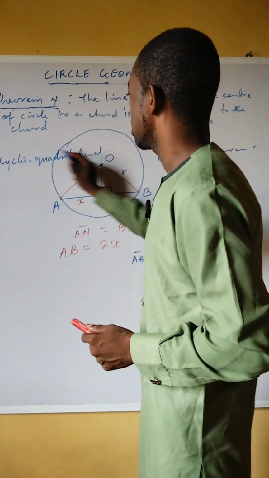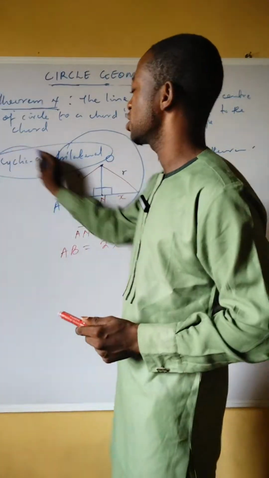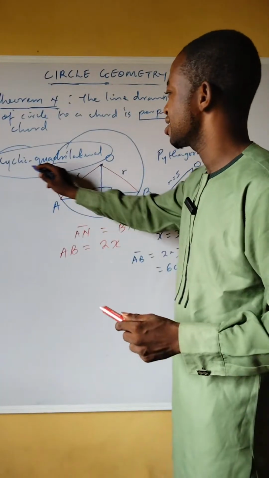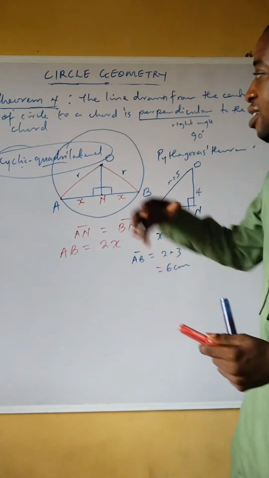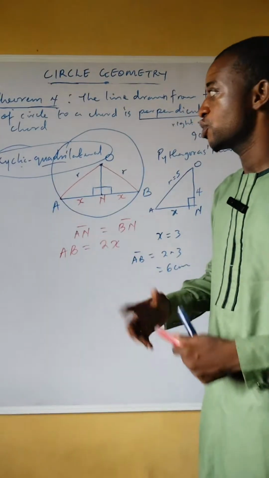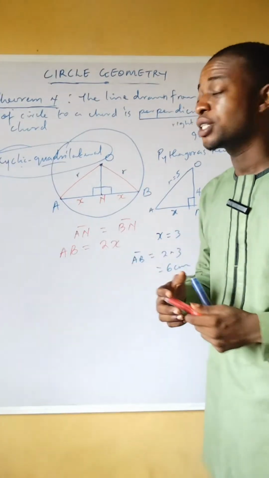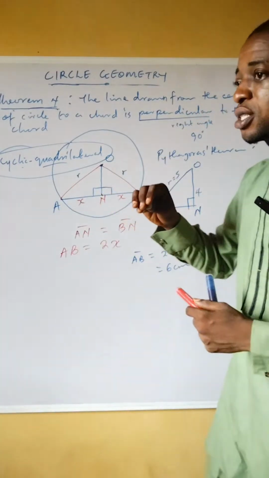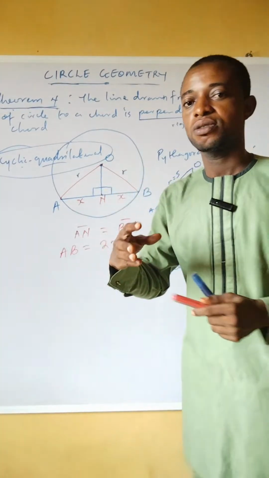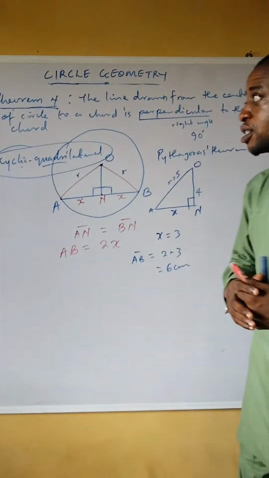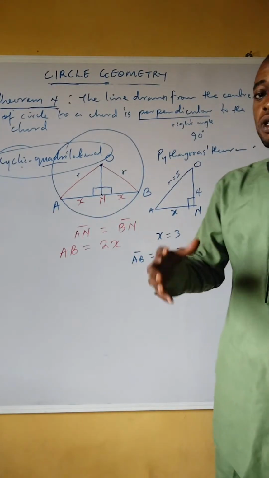The word cyclic quadrilateral is derived from the word quadrilateral inside a circle. So when we inscribe a quadrilateral inside a circle, we call it a cyclic quadrilateral. So there are two theorems on that, which we shall be considering when next we meet and solving questions on them.